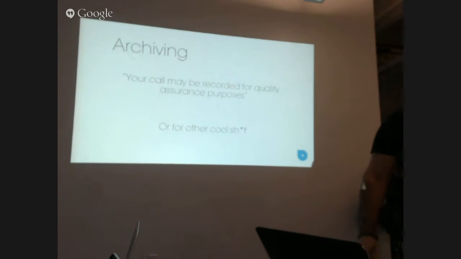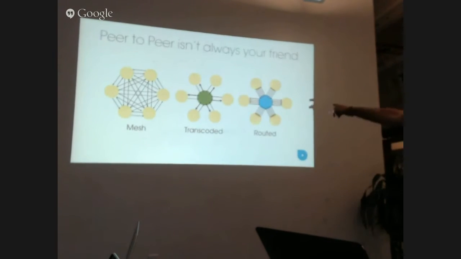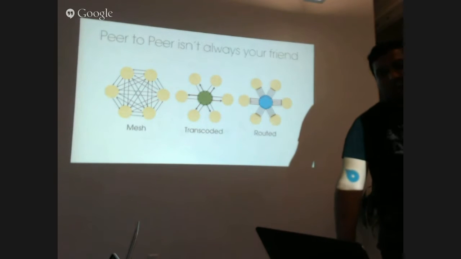So what we do actually is, back to this diagram, in the routed situation, in that blue circle, we could just start recording that video to file and give you a nice API about grabbing those recordings, deleting them, listing them. We can even hook up into your own storage provider, so S3 or Microsoft Azure. We can go ahead and send those files to them. So that's something that's really cool that our platform does that you don't get out of the box.